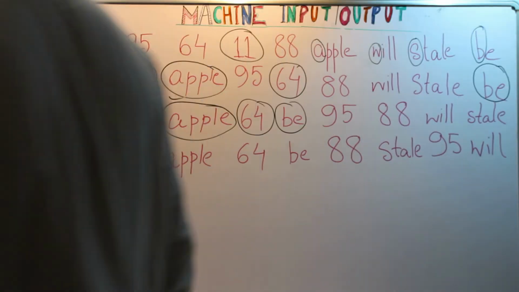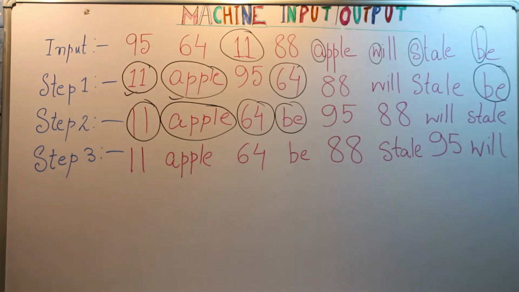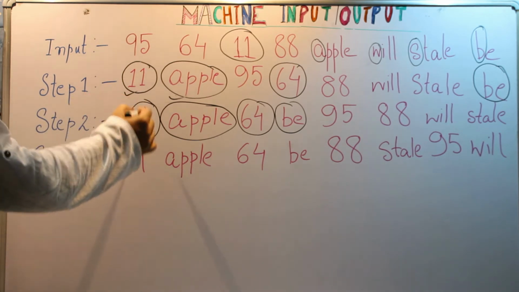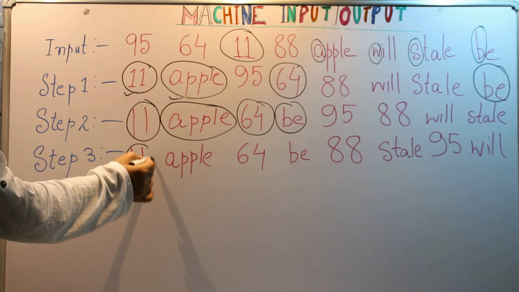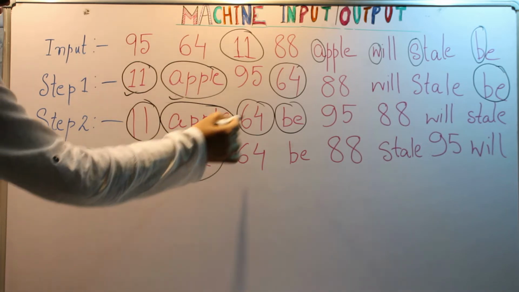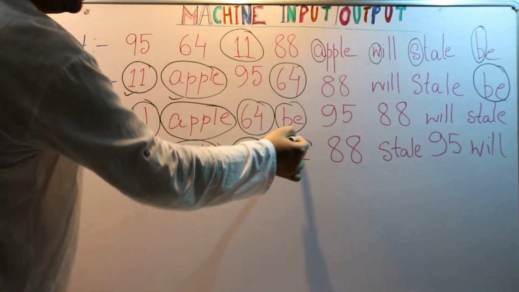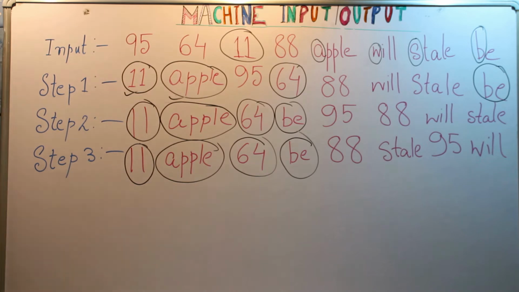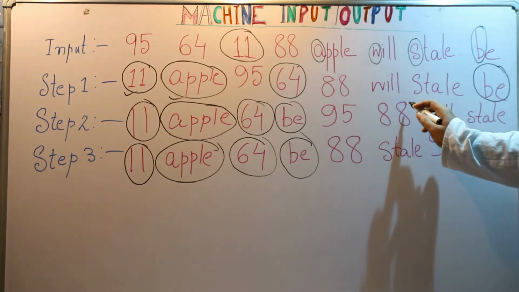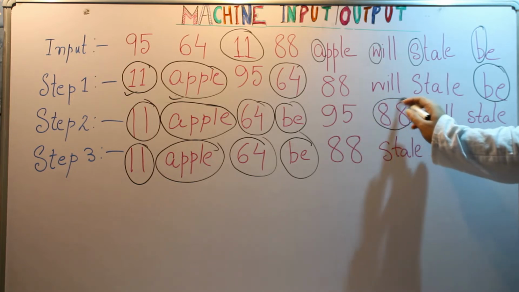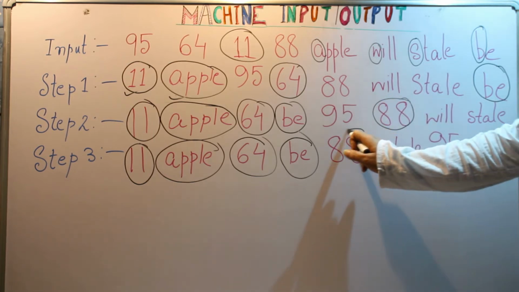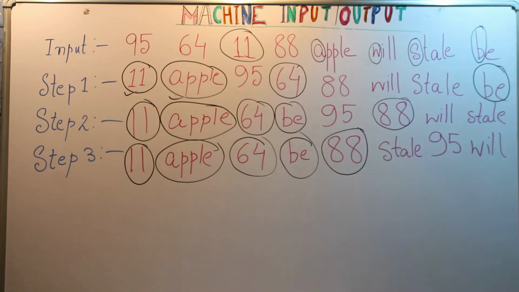Okay. And in step 3, which is the final stage, 11 is kept as it is, apple as it is, 64 as it is, B as it is, no changes. And now you see 88 is the third lowest number, so 88 has been used and placed in this position.